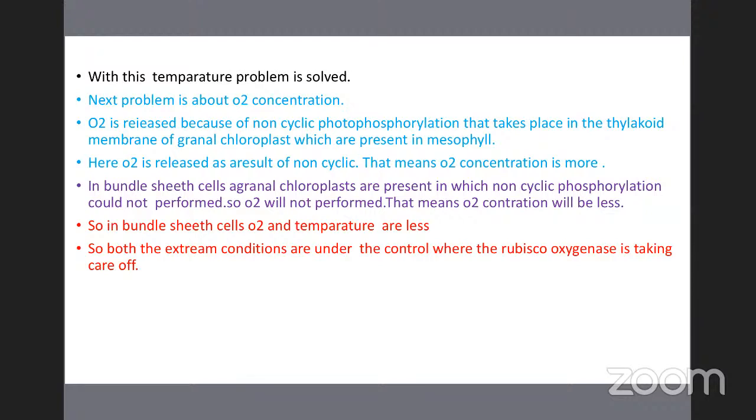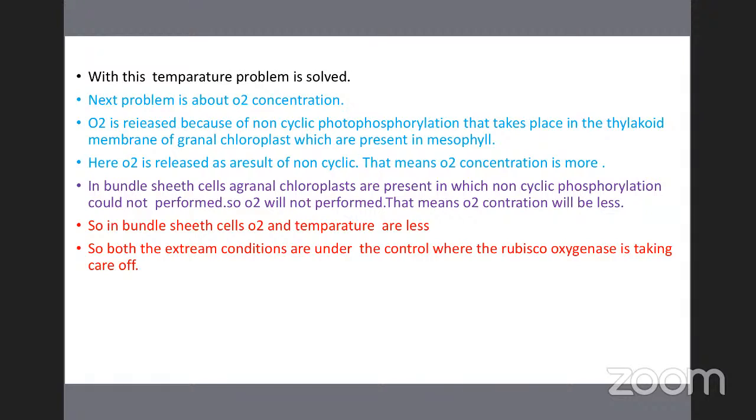In bundle sheath cells, there are agranal type chloroplasts, in which non-cyclic photophosphorylation cannot be performed. As a result, O2 will not be released. That means O2 concentration will be less than in the mesophyll cells.